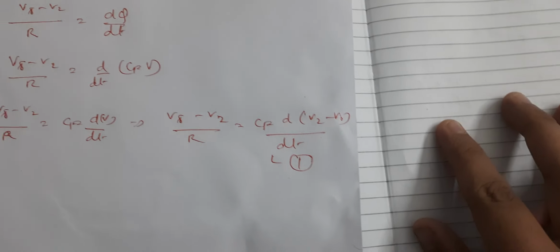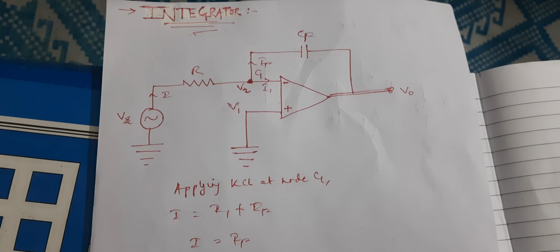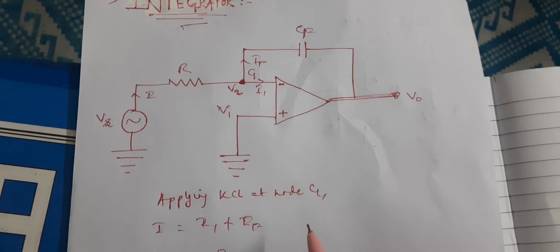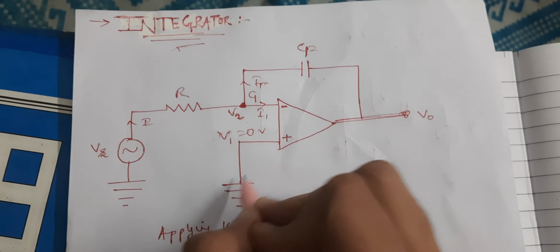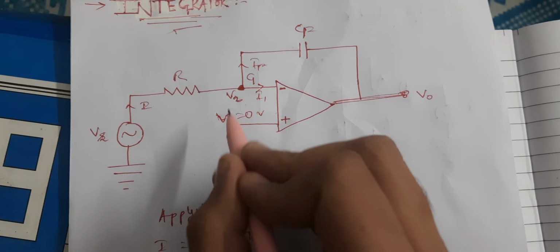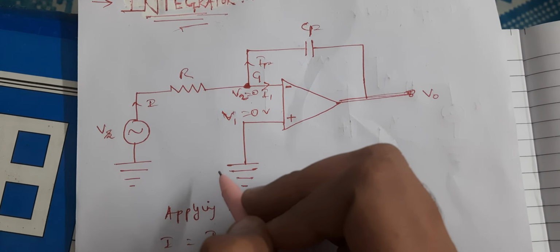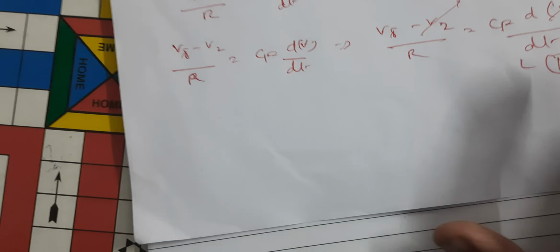Now by the concept of virtual ground, if this voltage is equal to 0, as this is earthed, then this voltage is also 0. That means V2 in this equation we have to put as 0.